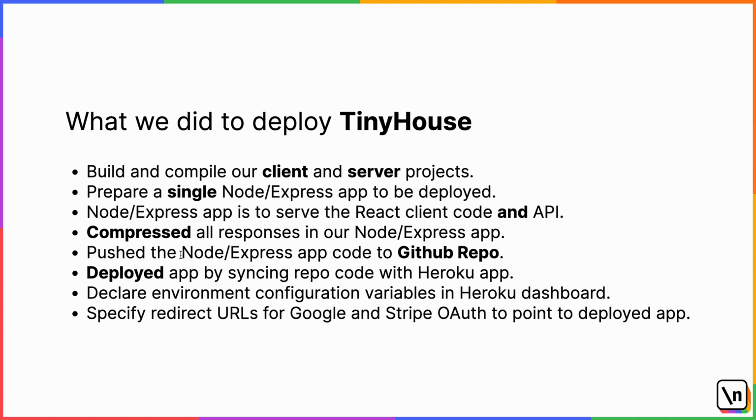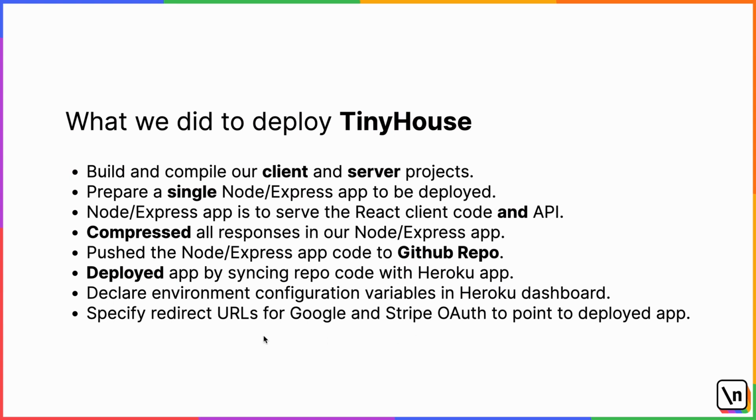We pushed the actual deployment app, the Node Express app code, to a GitHub repository. We then deployed our application by essentially syncing the repo code with our Heroku app. We then declared environment configuration variables for our Node Express app within the Heroku dashboard.